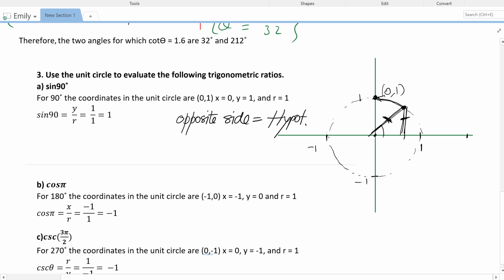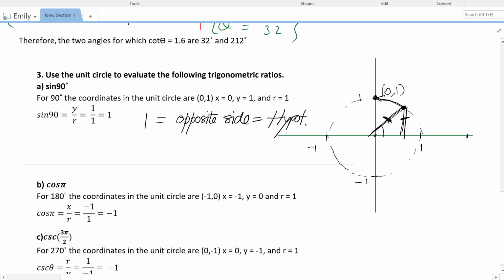And in a unit circle, this line from here to there represents both the opposite and the hypotenuse, so we can write 1 here. Opposite side is going to be 1 and hypotenuse is going to be 1 when this point approaches that point.